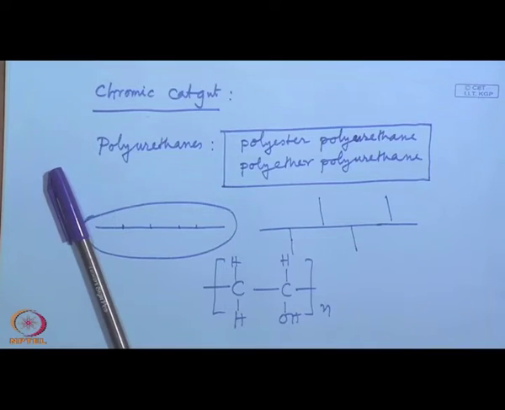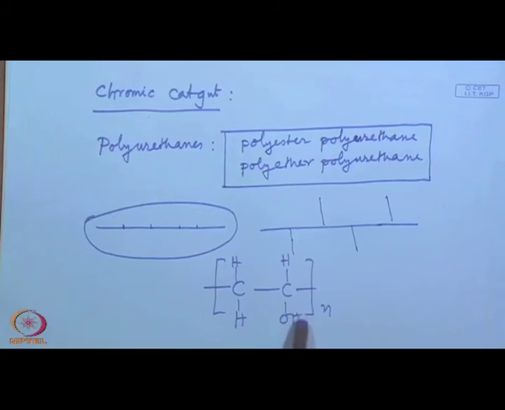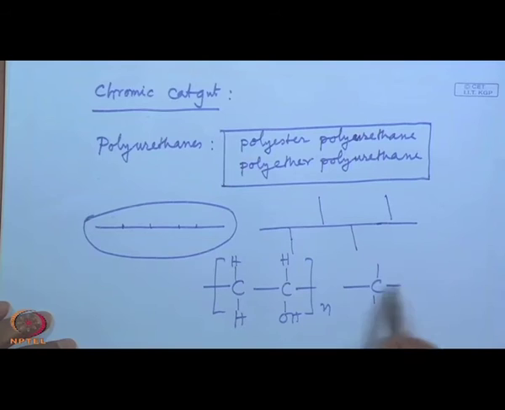Initial biodegradation involves enzymatic oxidation of the secondary alcohol group, this is the secondary alcohol group in PVA, to a ketone group. It is converted to a ketonic group like this. So, it will break over here and form a ketone.